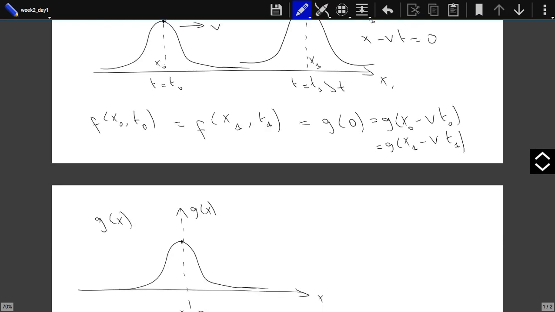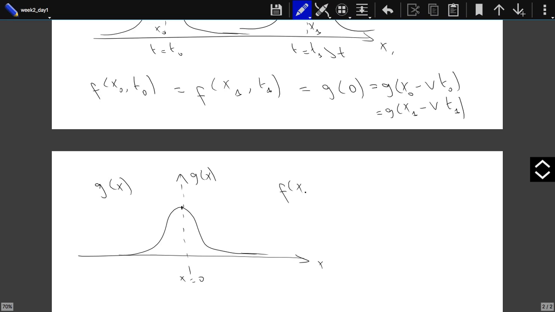Well, this basically tells me that f of x,t is actually g of x minus vt. So if this is the case, since the shape is determined by g itself, the shape doesn't change. So at least one property is apparent from this definition of the wave. g is called the waveform.